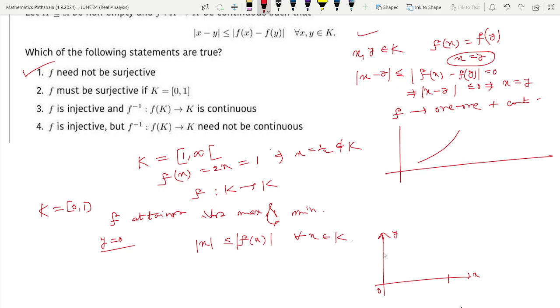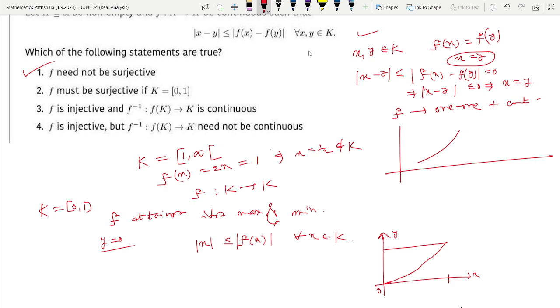So this function may be like this, and in this case the function will be surjective.